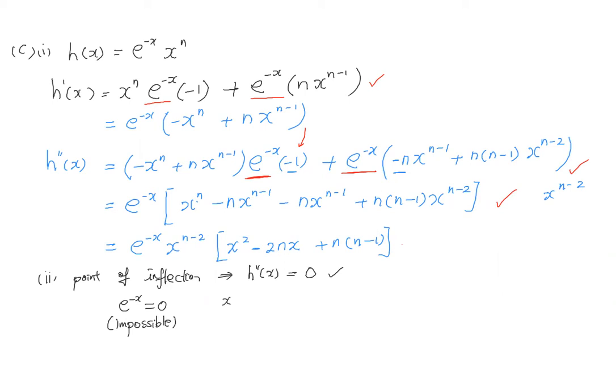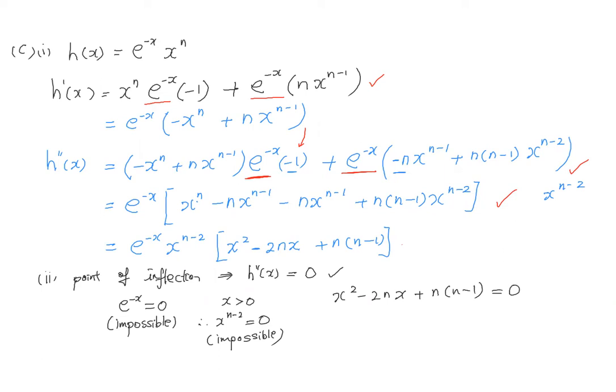So x is greater than 0. So therefore, x to the power n minus 2 equal to 0 also is impossible. All right? So therefore, x squared minus 2nx plus n minus 1 equals 0.